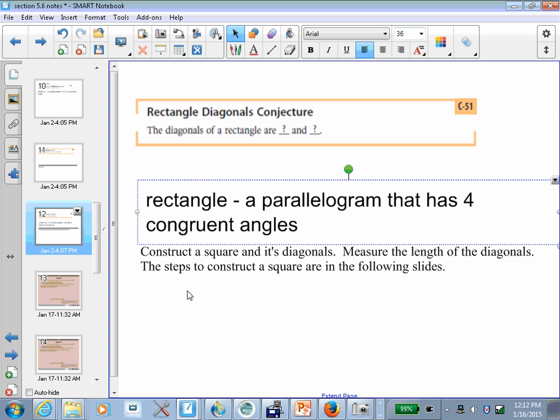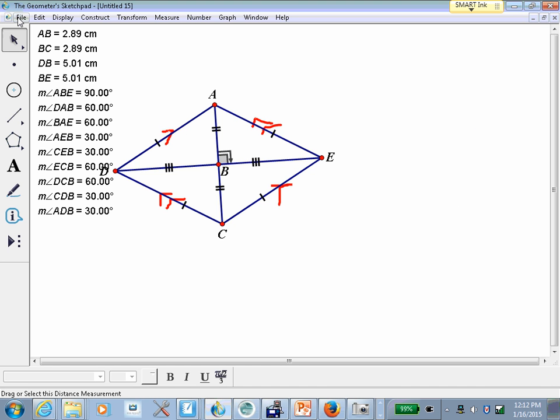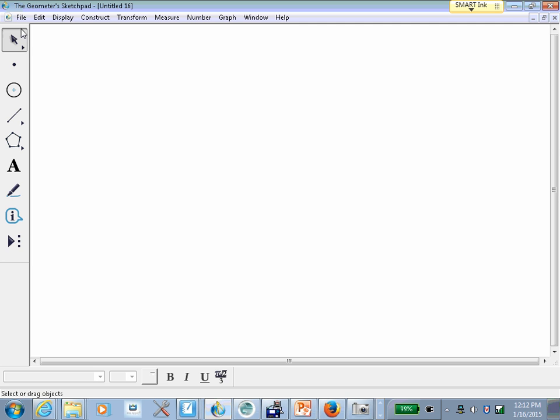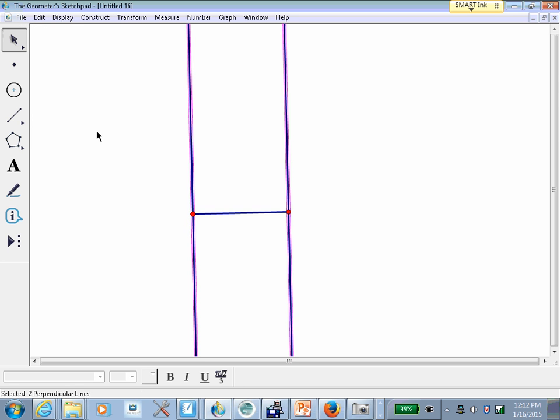Okay, so now let's go into Sketchpad and construct a rectangle. So I'm going to start with a segment. I'm going to highlight the segment and its two endpoints, and I am going to say construct perpendicular lines.